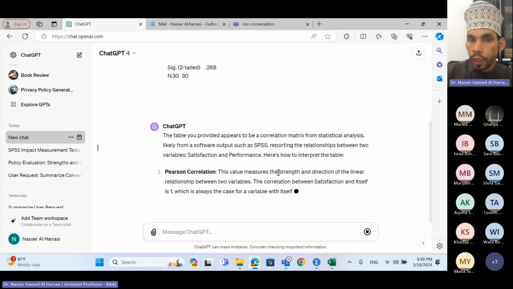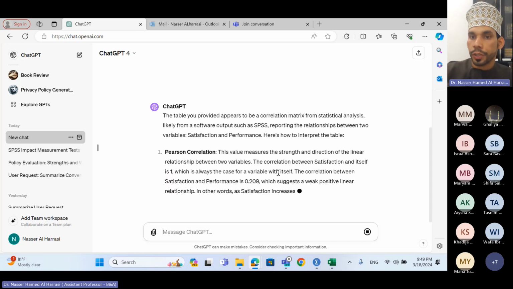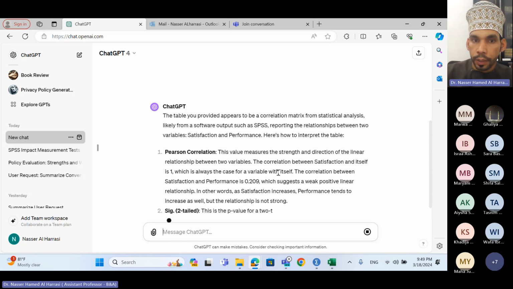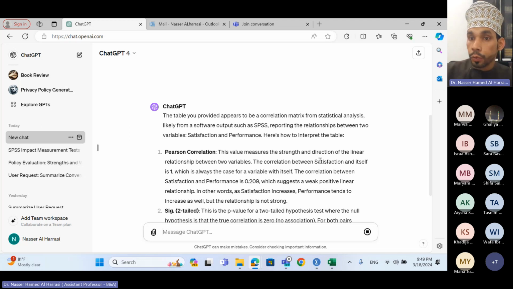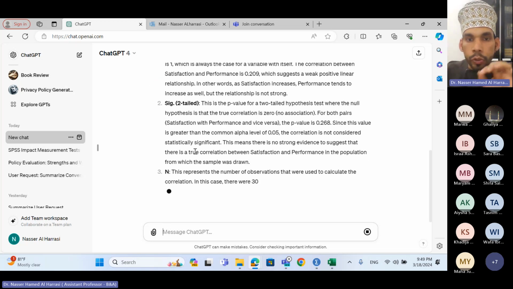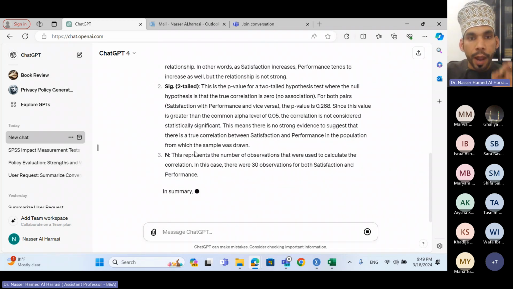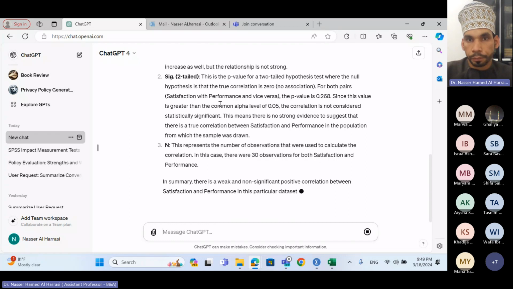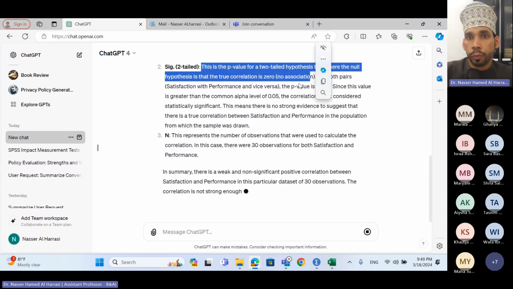What is Pearson correlation? This value measures the strength and direction of the linear relationship between two variables. The correlation between satisfaction and itself is 1, which is always the case for the same variable. It is going to explain each component in that table. This is significance, the p-value for both values.